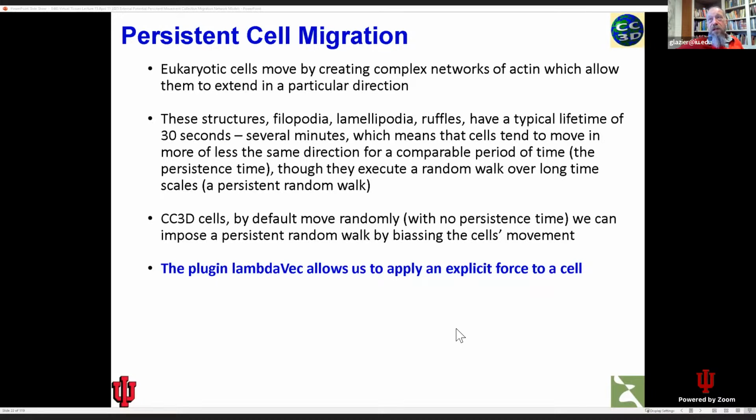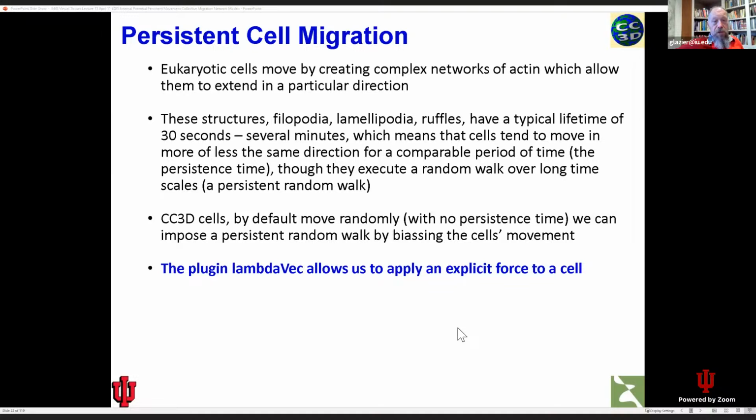And similarly, when cells move, they have rather elaborate molecular motors inside of the cell that allow them to move. And they have a variety of motors that they use. These have a variety of names based essentially on their shape.